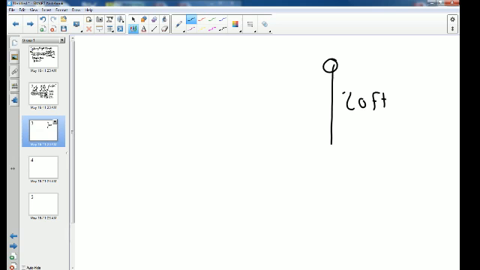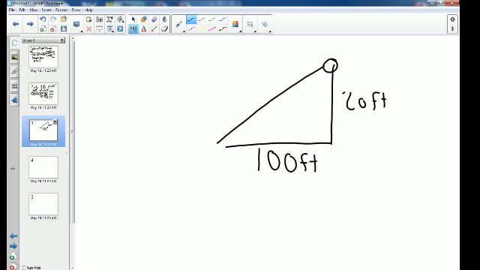And then the light goes down and hits at 100 feet. And the problem wants us to find the angle of elevation, which is here, delta. So to find this, we're going to use tan, or TOA.